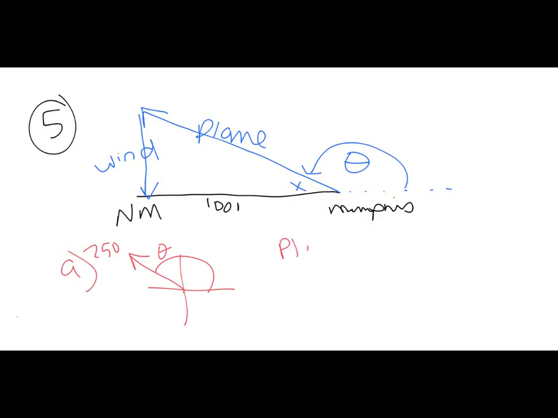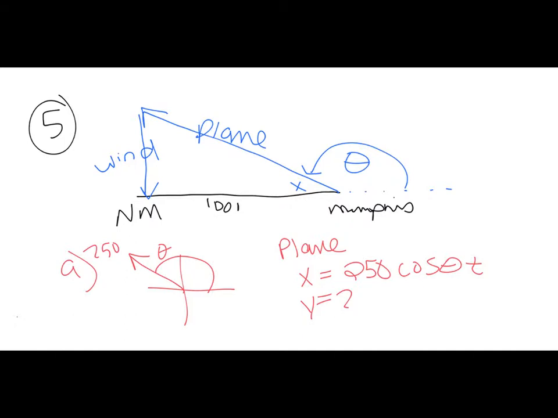So for my plane, my equations are going to be x equals 250 cosine theta t, because I don't know what theta is yet. Hold on, let me do some pointers. I don't know what theta is yet, so I'm going to leave it blank in here.